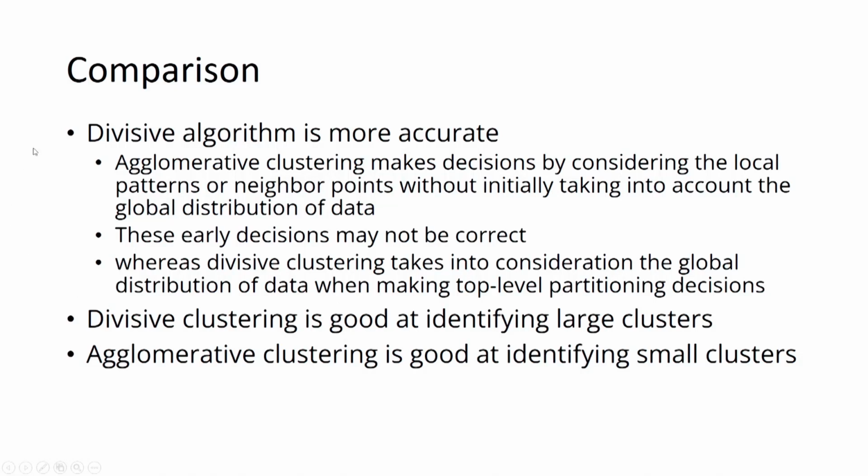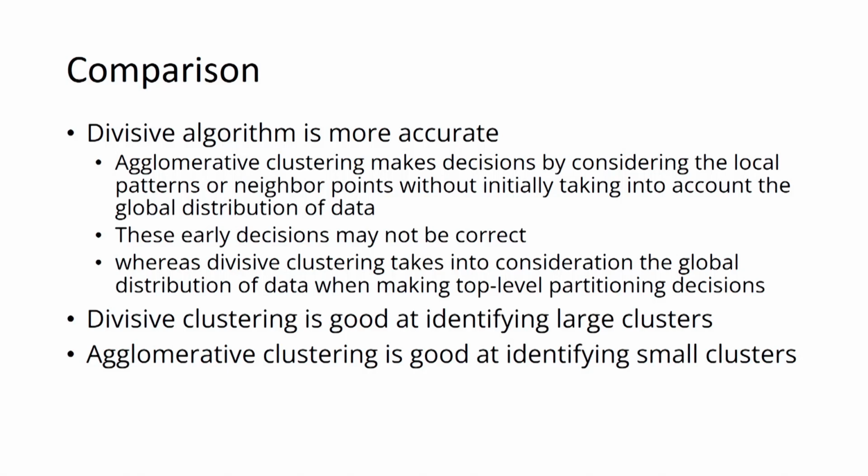Now, we will see the comparison between these two different techniques of hierarchical clustering. The first one was agglomerative clustering and the second was divisive clustering. The divisive algorithm for clustering, we can say that it is more accurate. Why is it more accurate than agglomerative clustering?